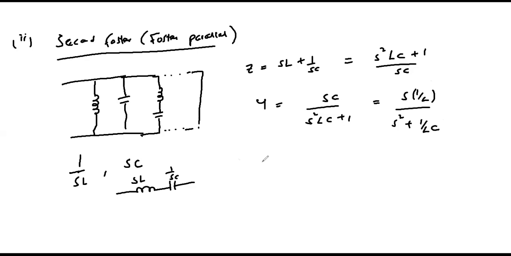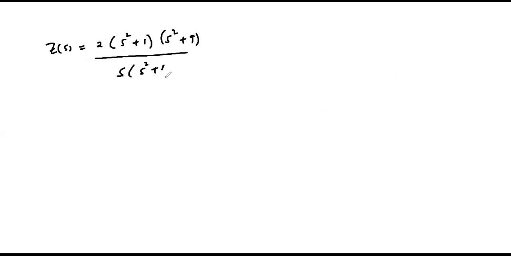Now to do this, we write the admittance transfer function in partial fraction form and obtain the component values from the various partial parts of our given transfer function. Let's extend the same to our transfer function. Our Z of S was given by 2 into S squared plus 1 into S squared plus 9 divided by S into S squared plus 4.